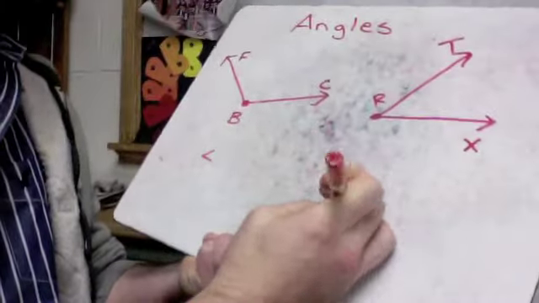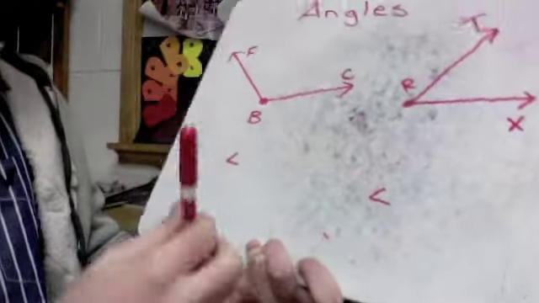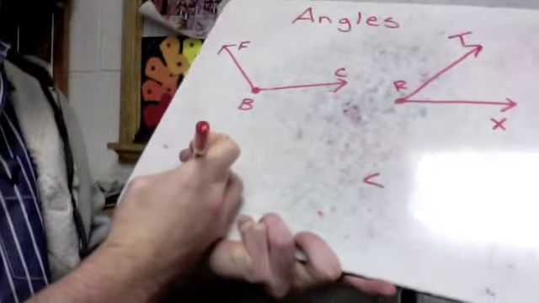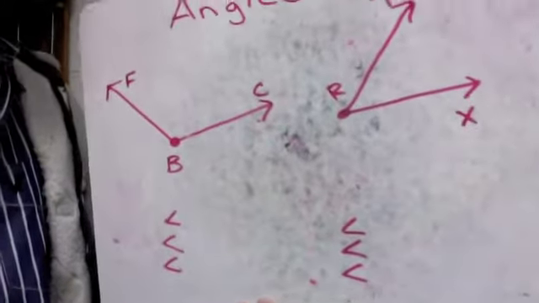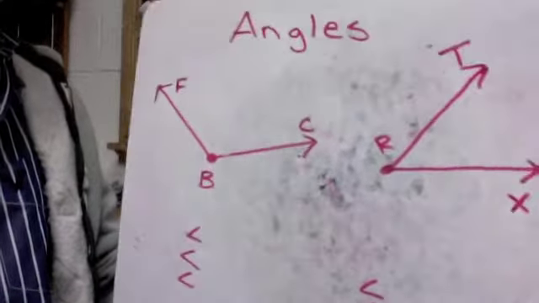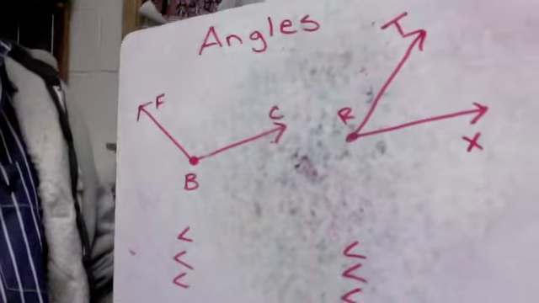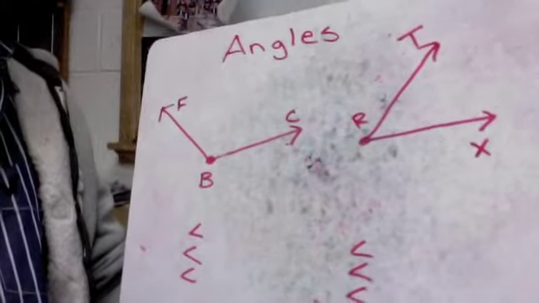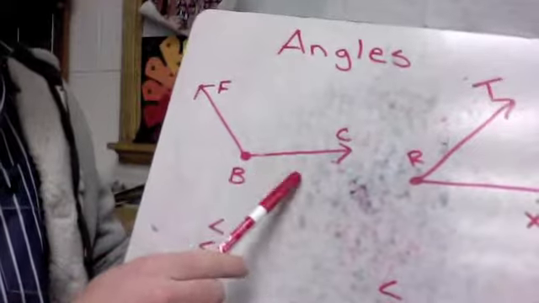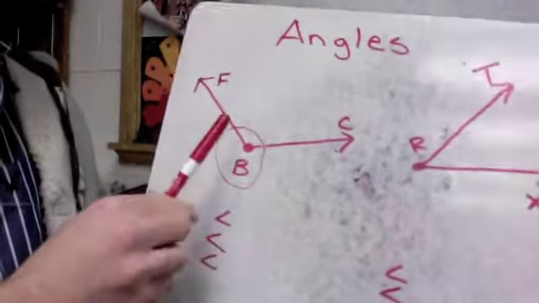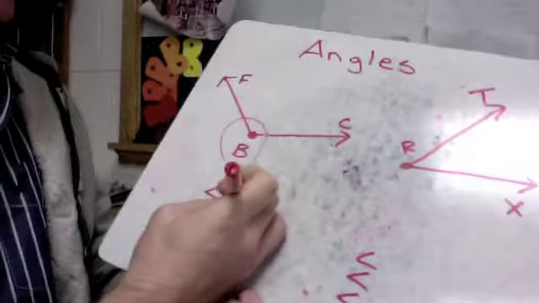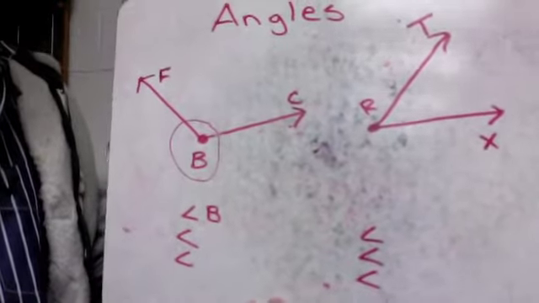So we're going to name these angles, and interestingly enough, we can do it three different ways for each angle. First of all, you can name an angle just by the vertex alone. If we take this angle, the vertex is B, so we can just call this angle B, and then somebody would know what we were talking about.